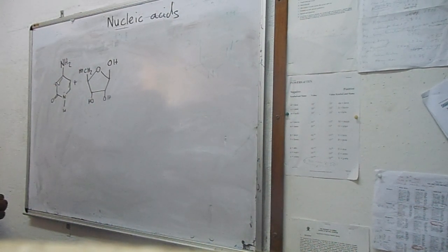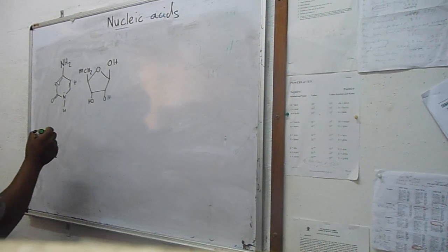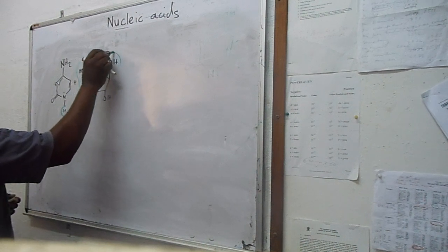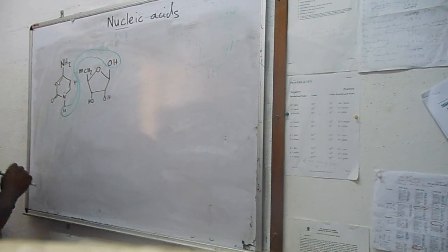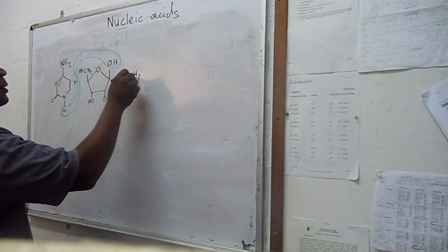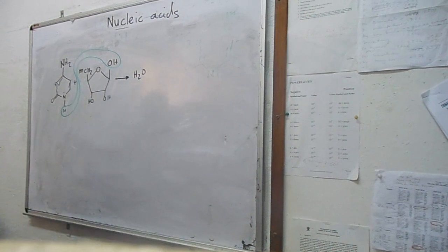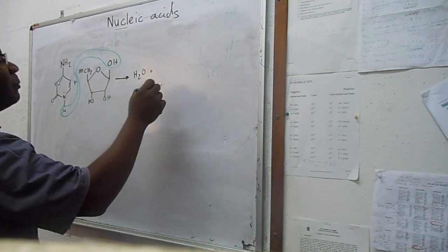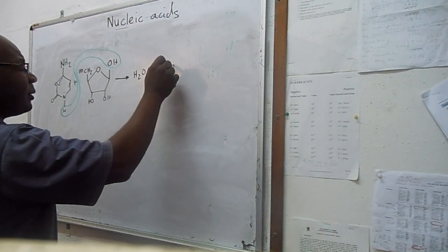So what I said was that this hydrogen would react with this hydroxide. When that happens, you're going to lose water, of course. What I've circled will come out as water. And then I'll start with the sugar.